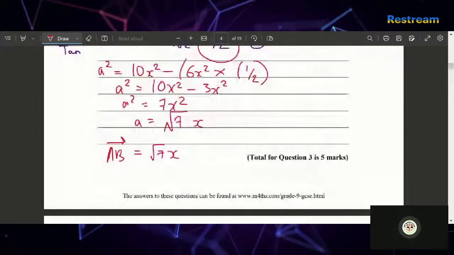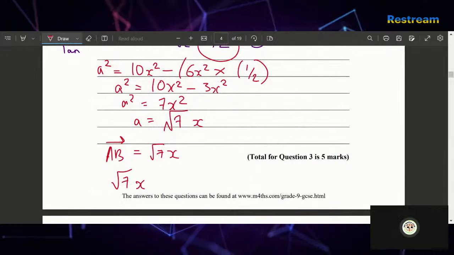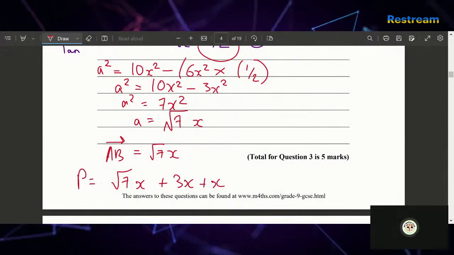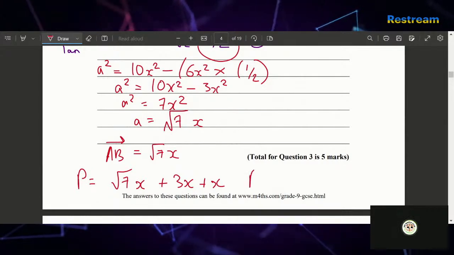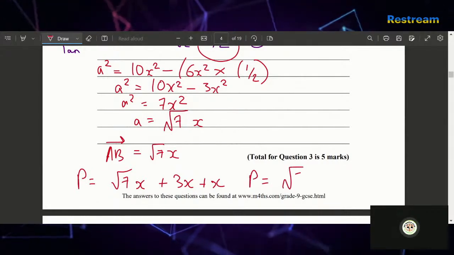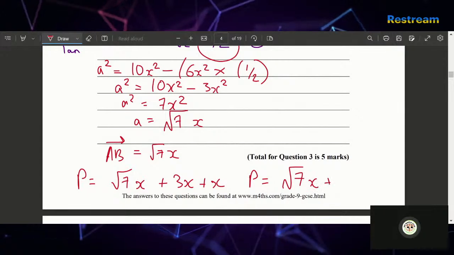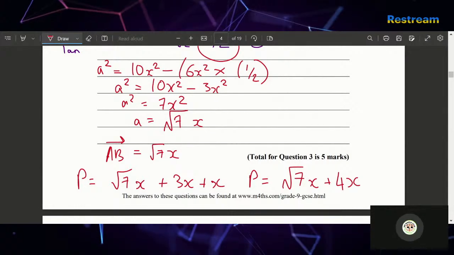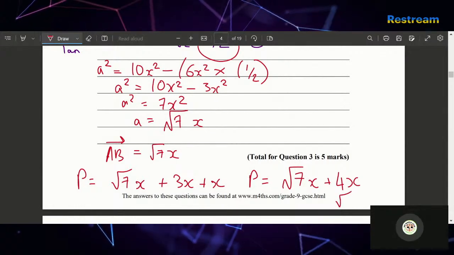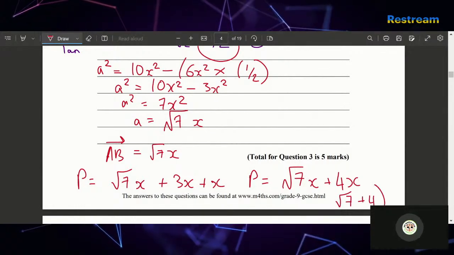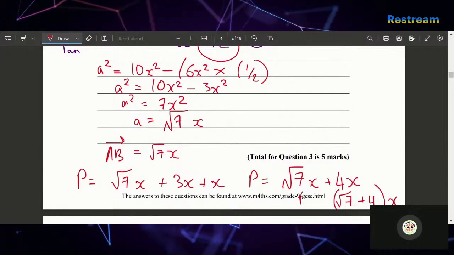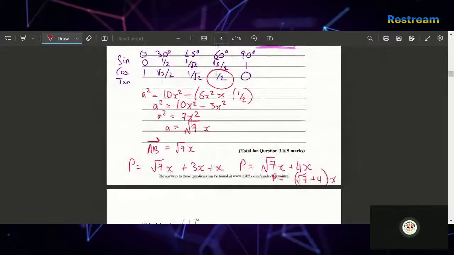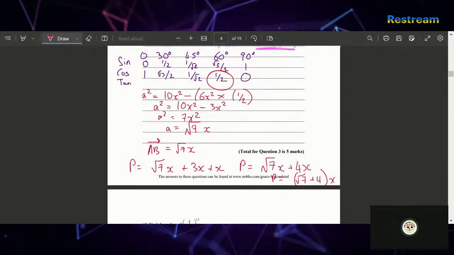So you'll do root 7x plus 3x plus x to get the perimeter. And then the perimeter will be root 7x plus 4x. And you can then factorize this down into root 7 plus 4 and x on the outside. And that is the answer.